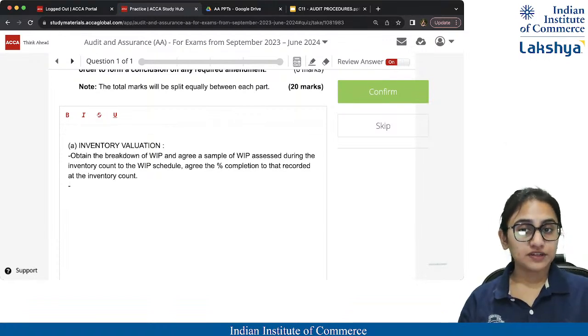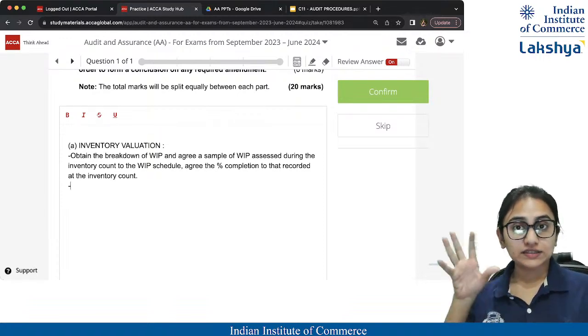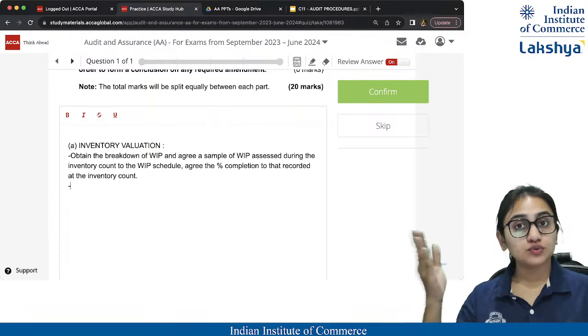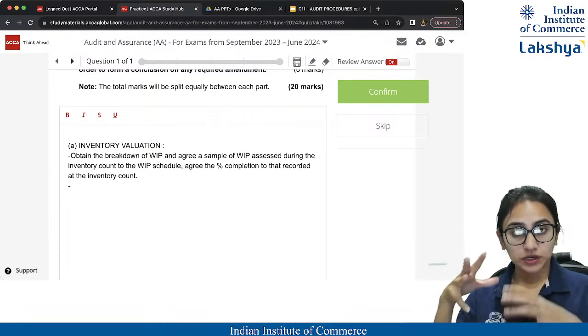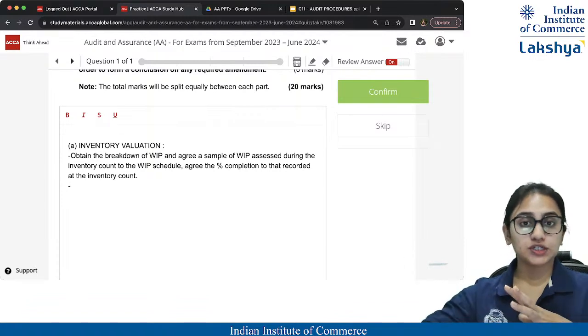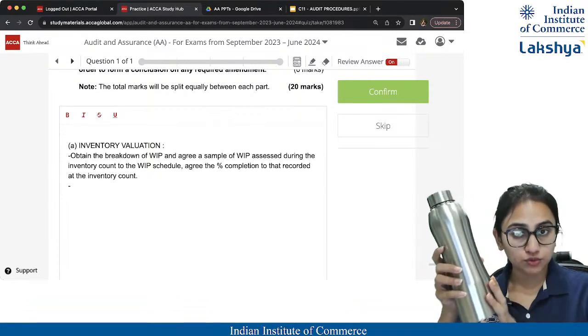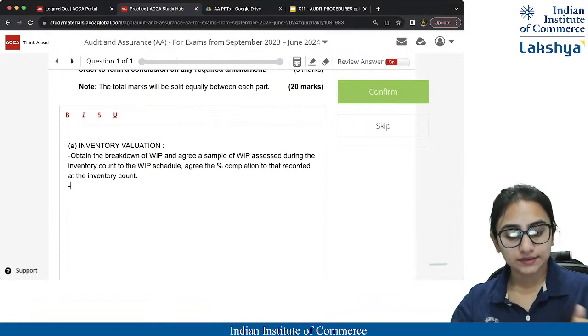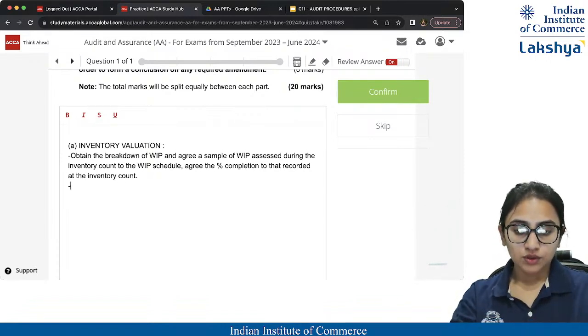Okay, then next, for a sample of inventory items of finished goods or work in progress, you have to agree the relevant cost sheets and agree the raw material cost to the recent purchase invoices. That means whatever cost is included, say I purchased this bottle for 100 rupees or 200, is it the same cost that is included in the invoice? So you write that.